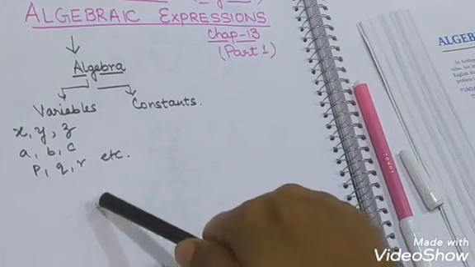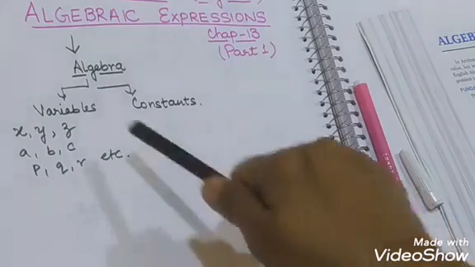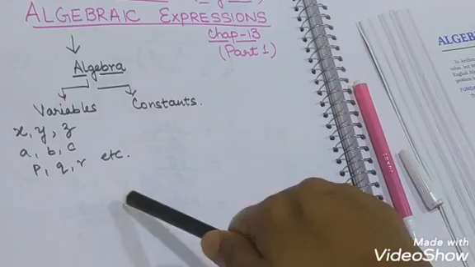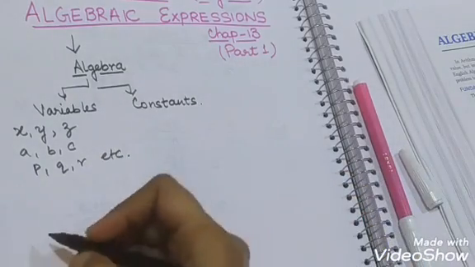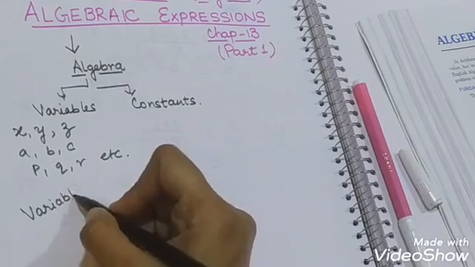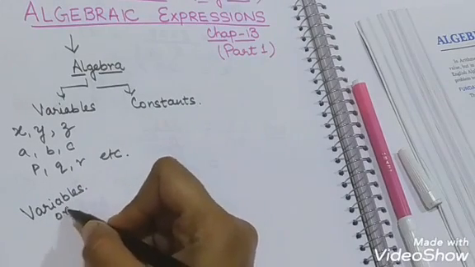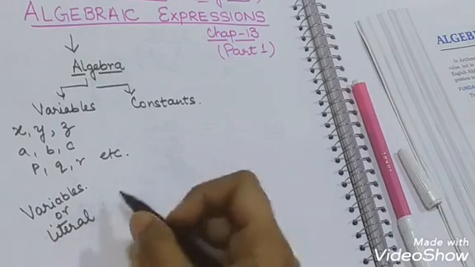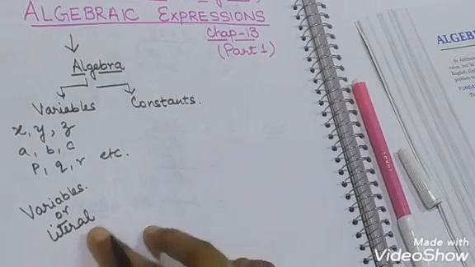Their value changes, their value varies from equation to equation. That is why they are called variables or literals.